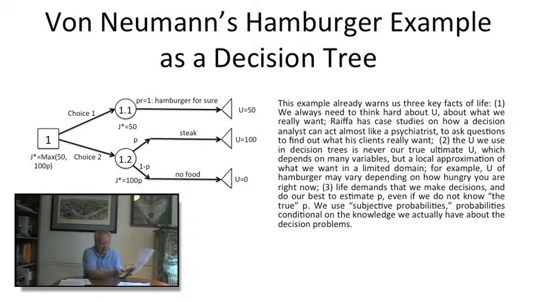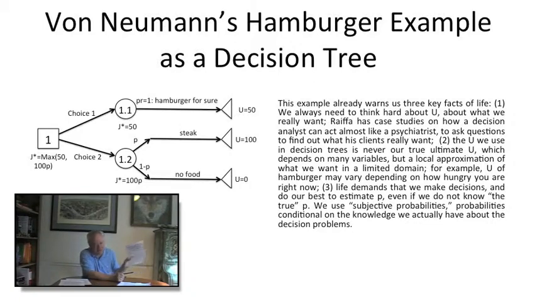The second thing is, when you look at a simple example like this, you can say, wait a minute, sometimes I'm really hungry and I would take the hamburger because I want food for sure. But sometimes I'm not so hungry and it wouldn't be worth anything unless it was really good, like a steak. And your utility for this problem can change. The reason is that your personal utility function in life is a lot more complicated than these 3 states.